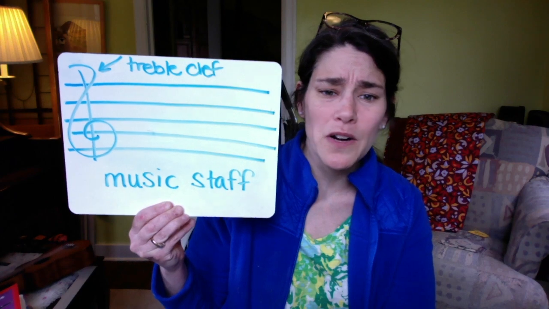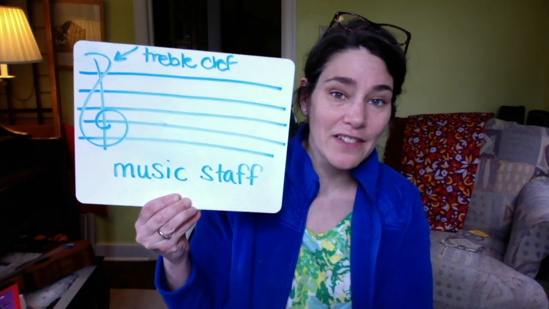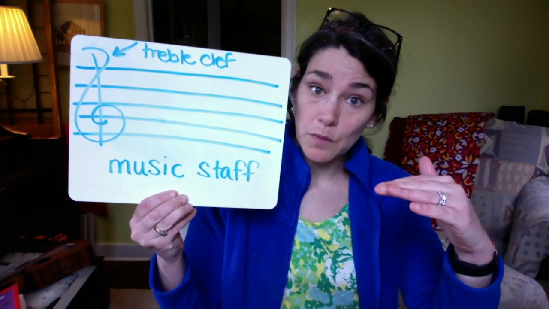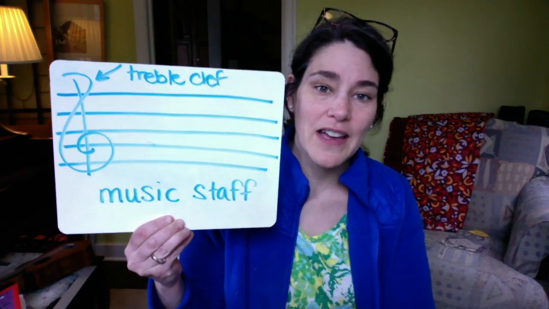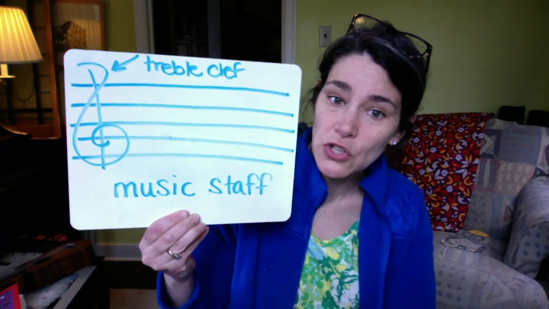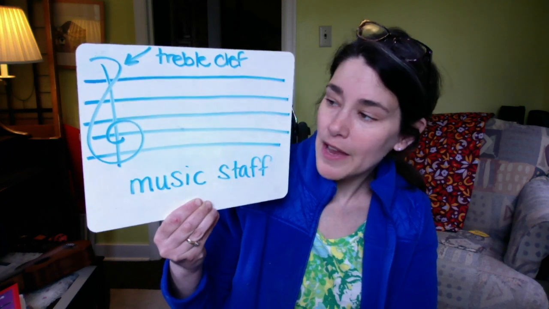There's also an alto clef, which has a little bit lower sounds, and a bass clef, which has even lower sounds. But today we're talking only about the treble clef and the music staff.